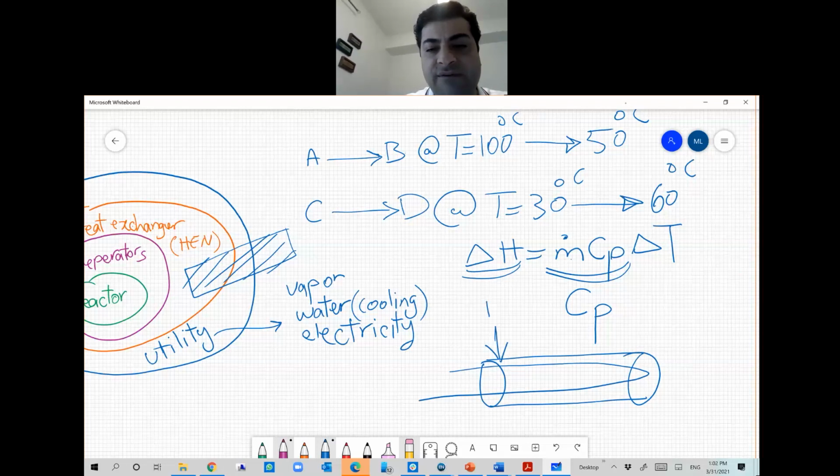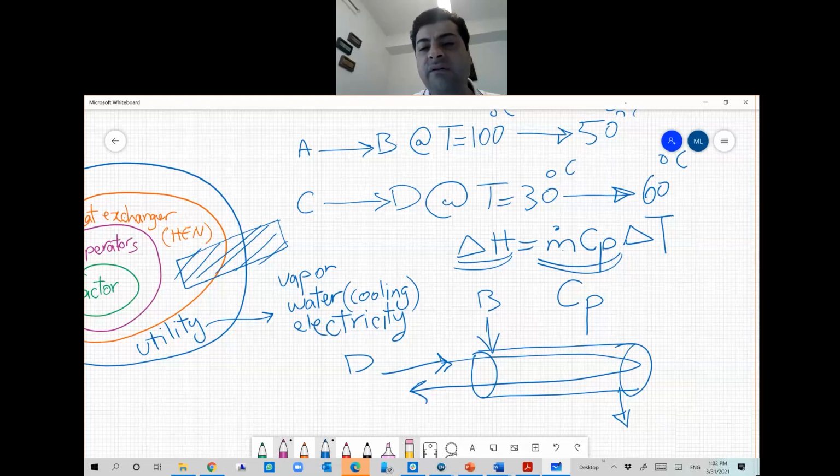One stream, let's say B, enters the shell of the exchanger, and then after being cooled down, discharges from another side of the shell, and stream D, for example, can enter a tube bundle at inlet temperature and then go out. So we usually design a heat exchanger in order to maintain this kind of heat exchange.